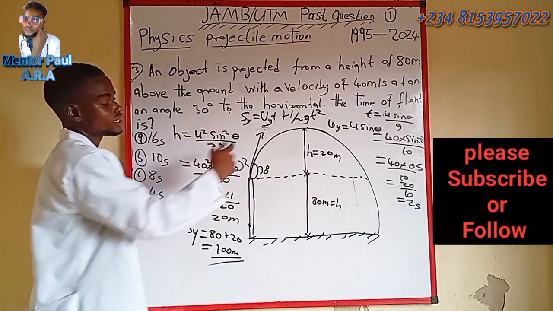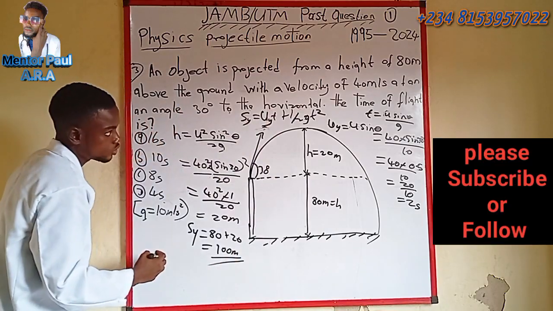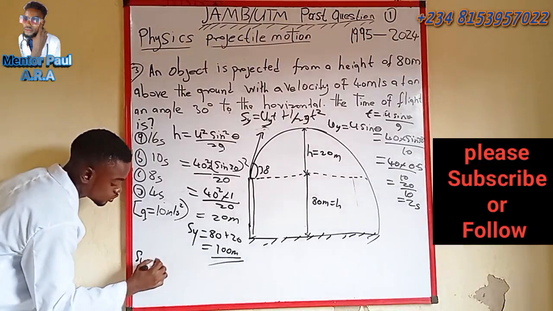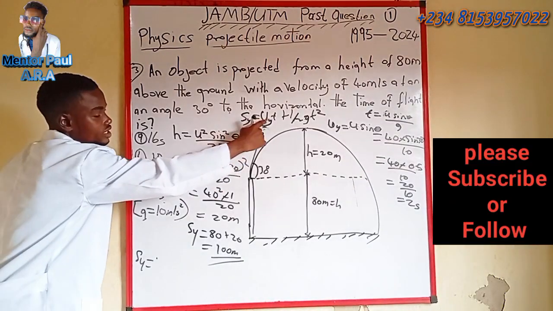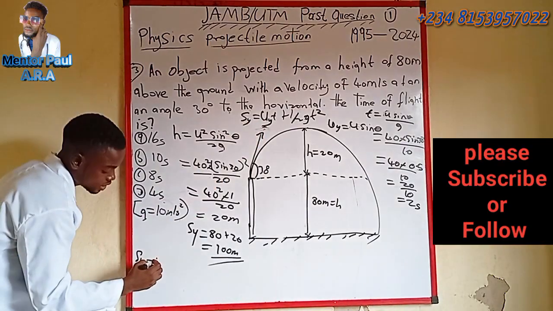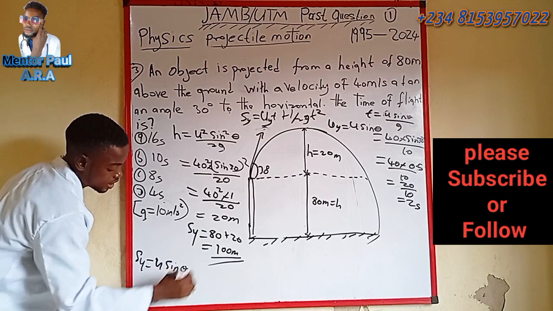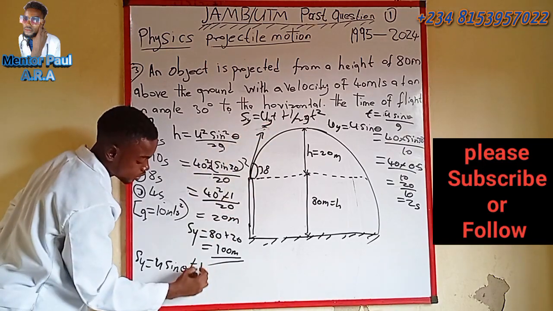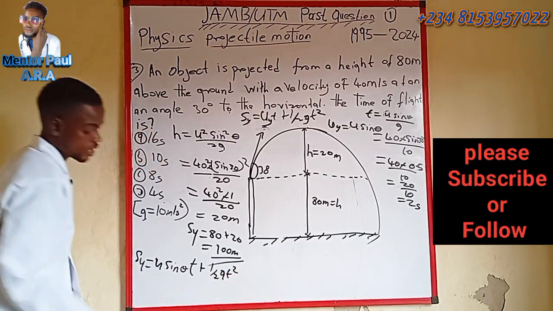All right, u sine theta, if you plug it here, you're going to have this formula looking something of this form. The s component, which is the vertical displacement, is now going to be u sine theta times t, plus half gt squared.